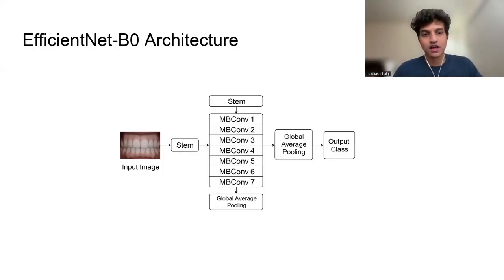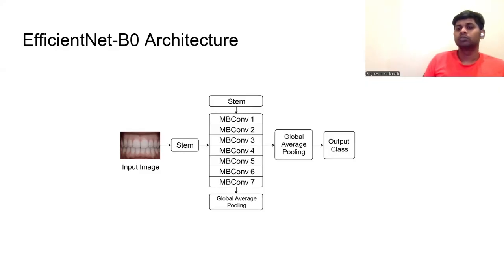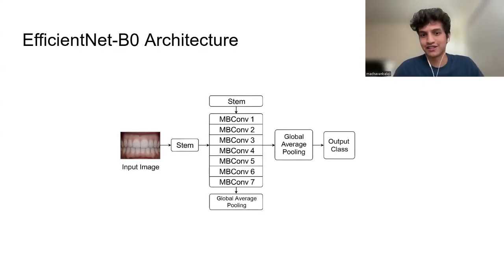As the image flows through these blocks, the model starts to recognize more complex things, going from simple shapes to meaningful features like gums, teeth edges, or discoloration. So it's like the model is slowly learning to see better with every step.